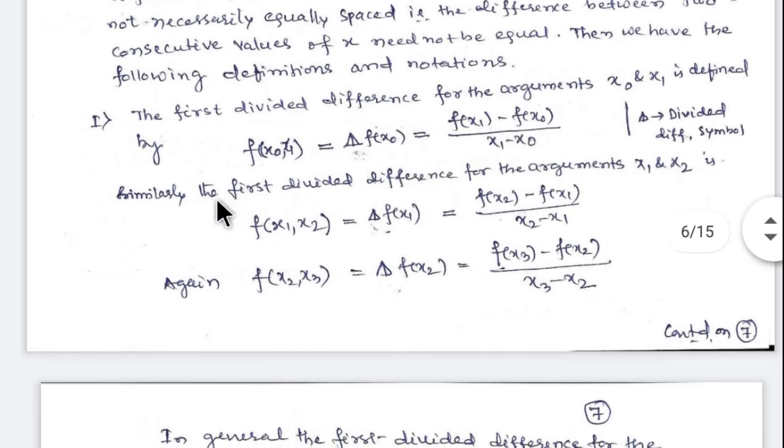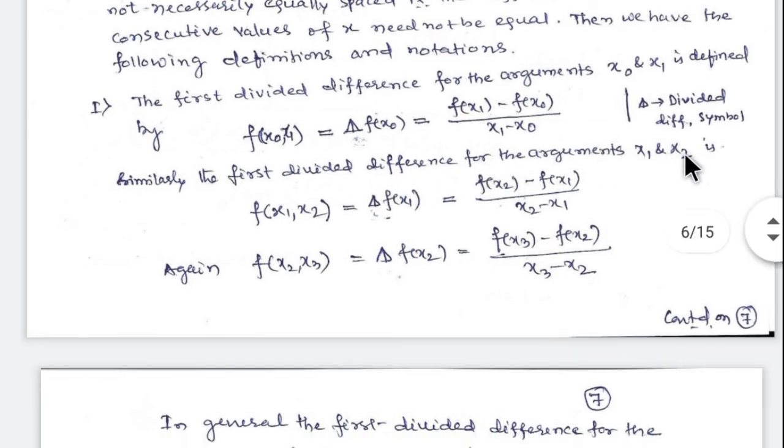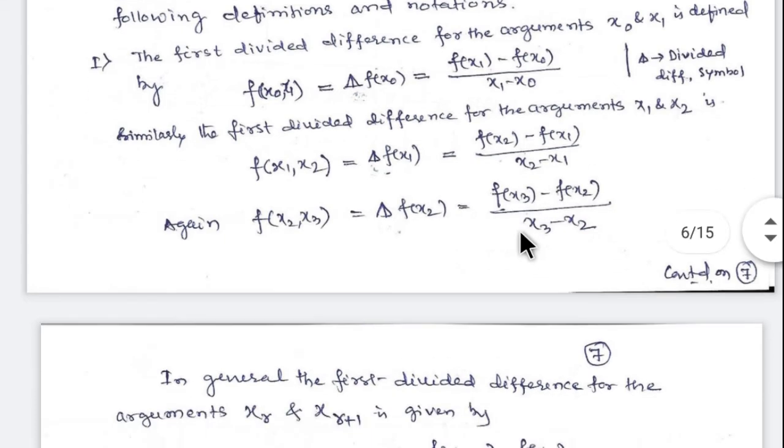Then similarly, the first divided difference for the arguments x1 and x2. The above is for x0 and x1. Similarly, for x1 and x2 it is f of x1, x2. In the place of x0 is x1, in the place of x1 is x2. This can be denoted by del of f of x1.